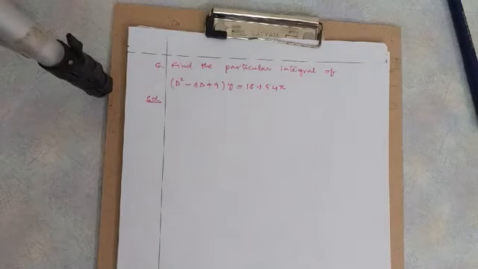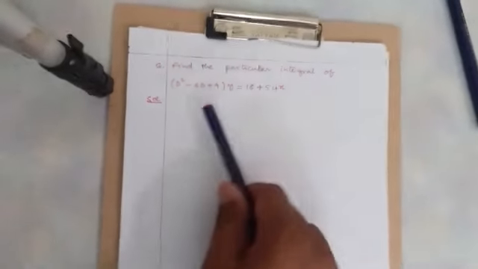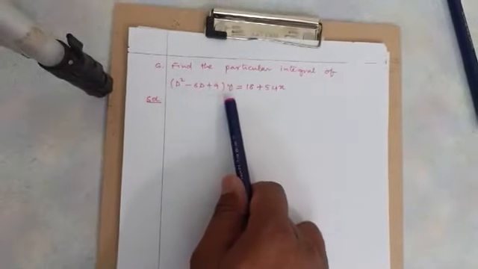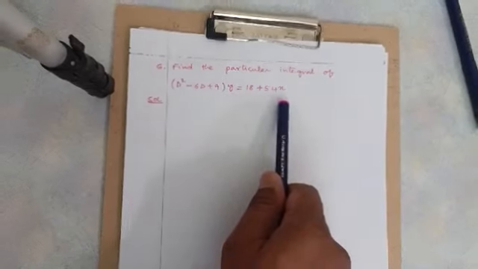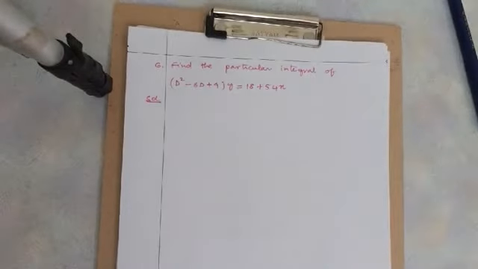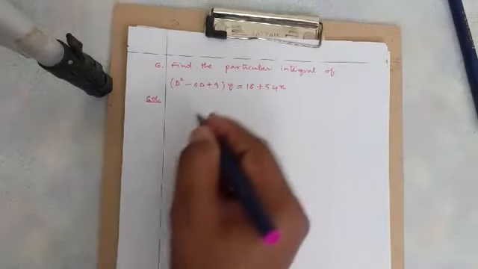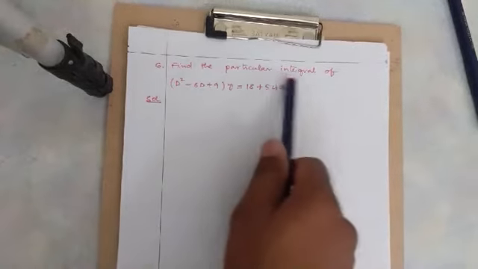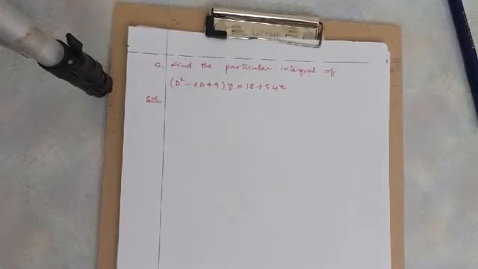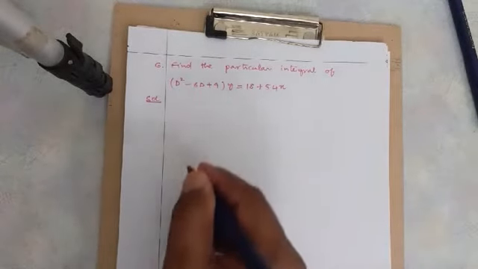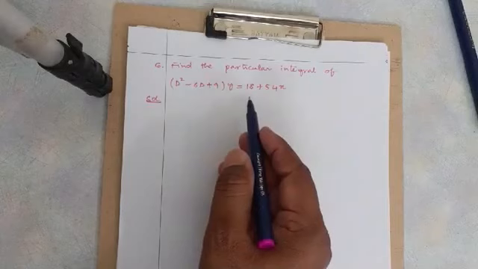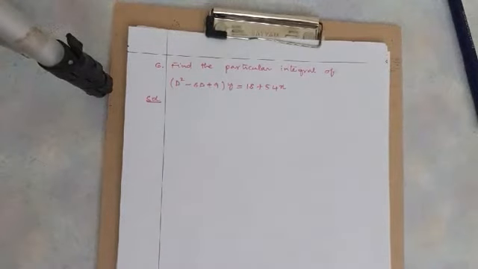So now the sixth problem is find the particular integral of (d square minus 6d plus 9) of y is equal to 18 plus 54x. This is the problem for particular integral. Since it is only the particular integral, there is no need of finding the complementary function again. Directly we can write. I have done 4 cases in particular integral in the class.